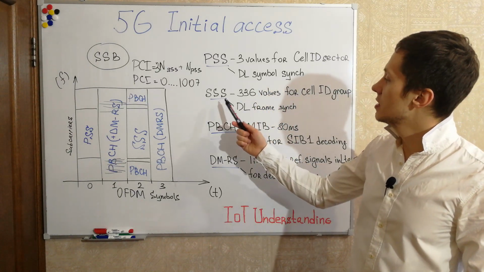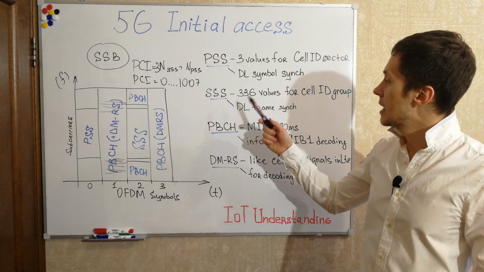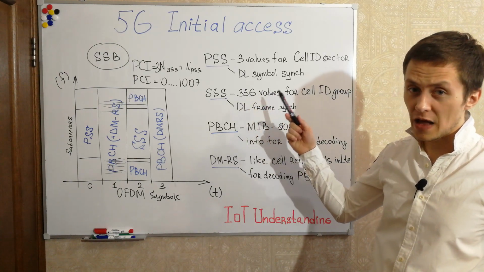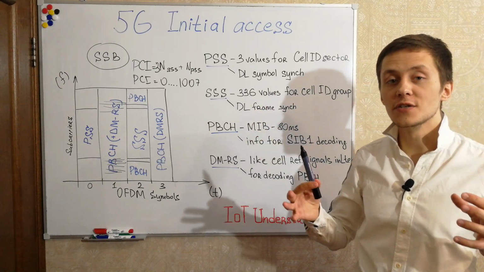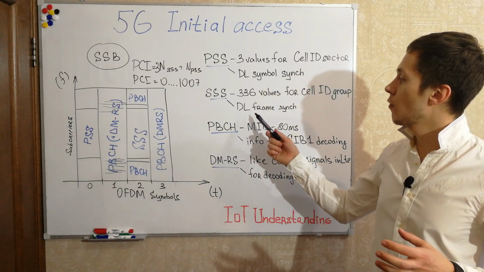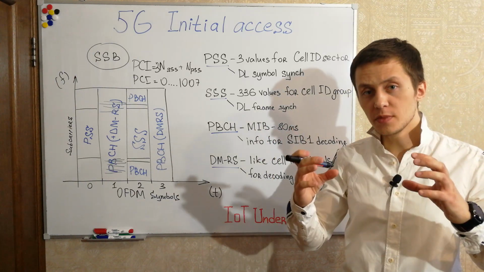The next signal is the secondary synchronization signal, and it may have 336 possible values for defining the cell ID group. And this signal, again, is used for downlink synchronization on the frame level.